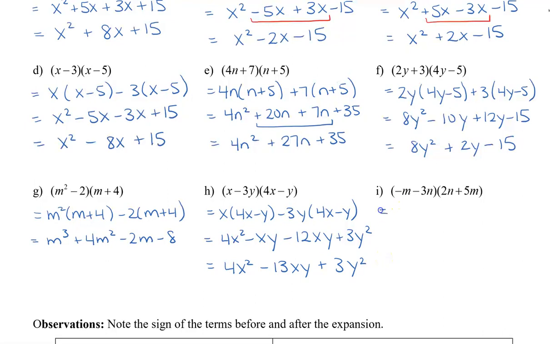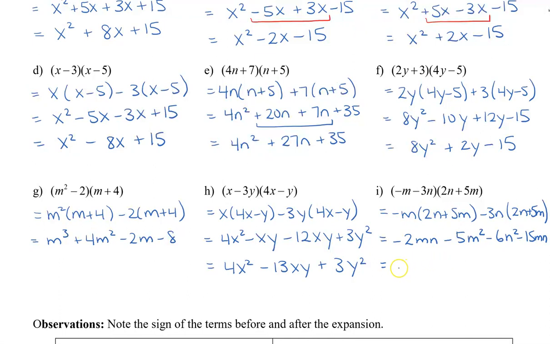All right, and the last one here, we have negative m times 2n plus 5m, and then our second term is negative 3n, also times 2n plus 5m. So negative m times 2n is negative 2mn, and then we have negative 5m squared, and then negative 6n squared, and then negative 3n times 5m is negative 15mn.